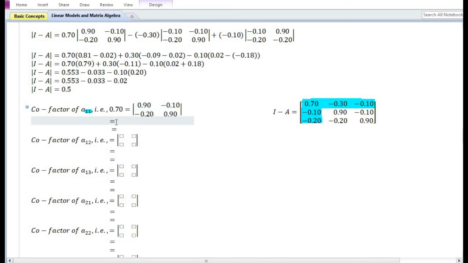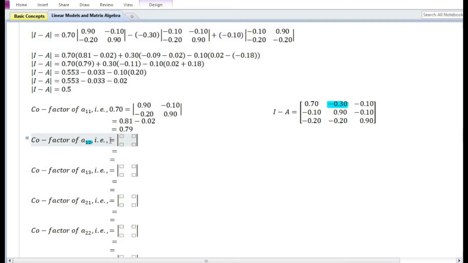Now 0.90 times 0.90 equals 0.81, minus times minus equals plus, 0.20 times 0.10 equals 0.02. Now 0.81 minus 0.02 equals 0.79.